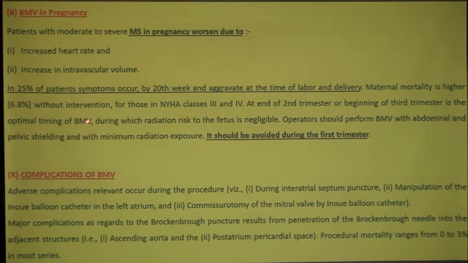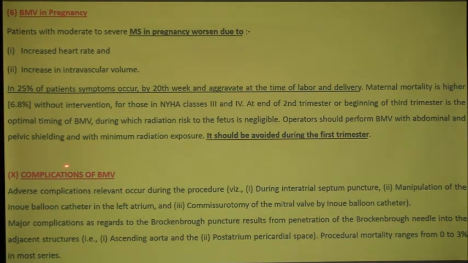The operator should perform balloon mitral valvuloplasty with abdominal and pelvic shielding and with minimum radiation exposure. It should be avoided during the first trimester.